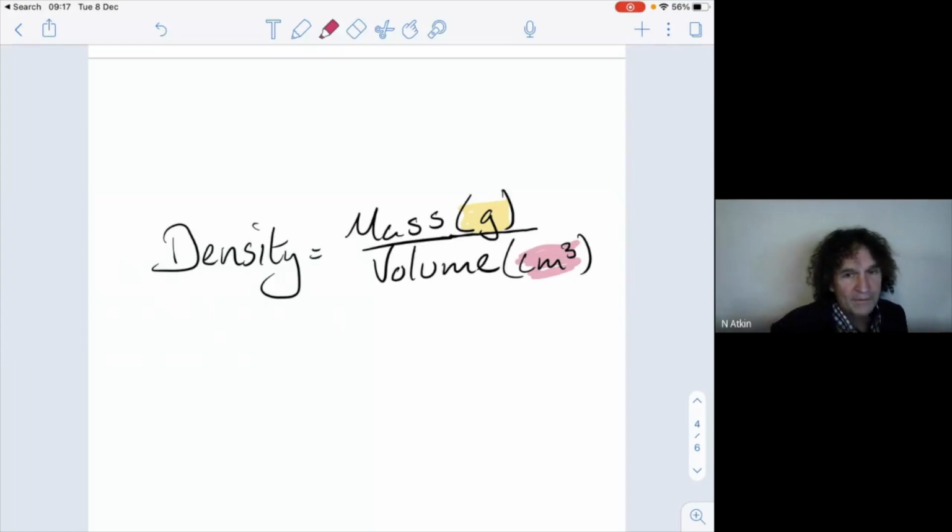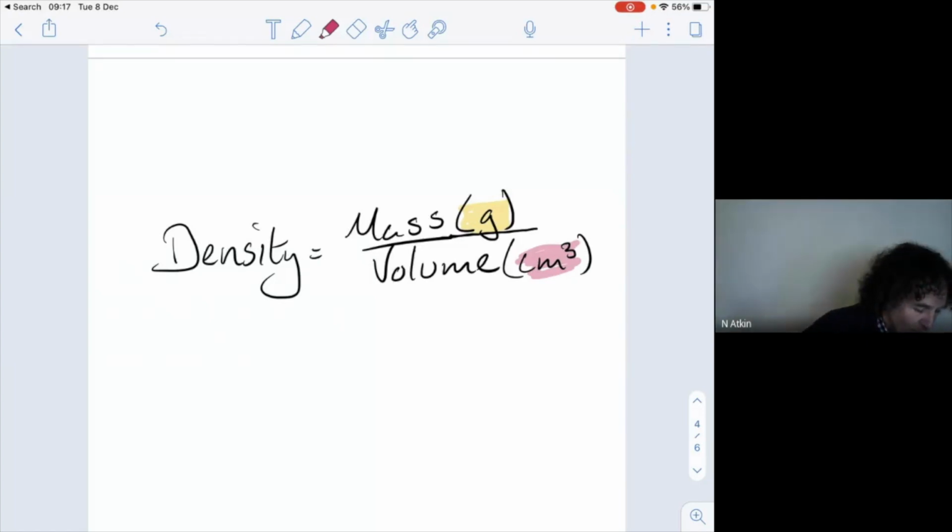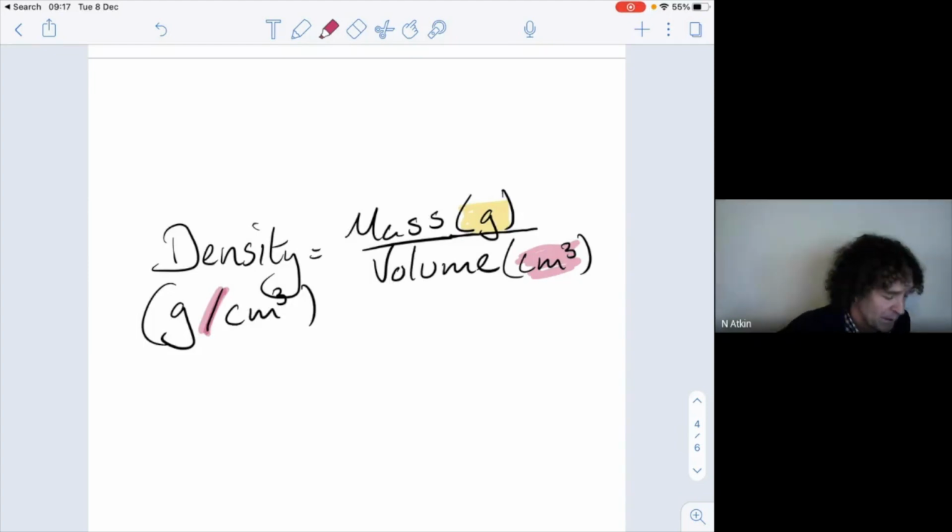So when we want to know what density is measured in, I can divide those two in the same way. Density is just grams per centimeter cubed. I think some people haven't really understood this properly: per effectively means divided by.